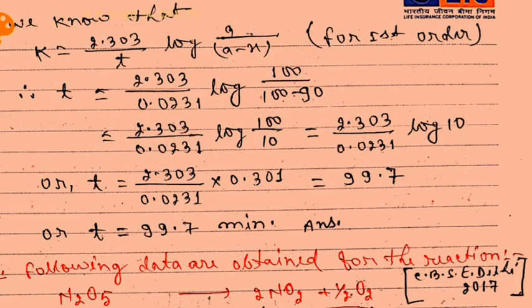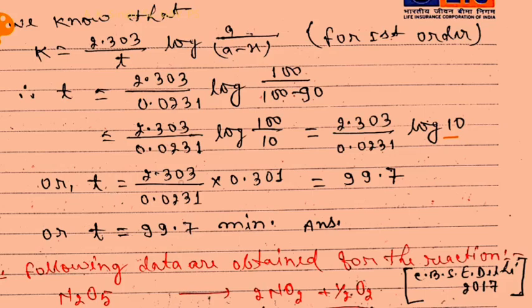It is equal to 2.303 by 0.0231 log 100 by 10, which is equal to 2.303 by 0.0231 log 10. Value of log 10 is 1.